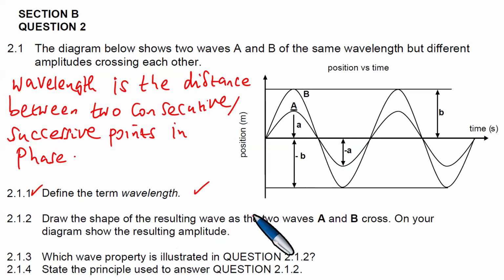Here are these waves, A and B. As they cross, we need to draw the shape of the resulting wave on your diagram and show the resulting amplitude.